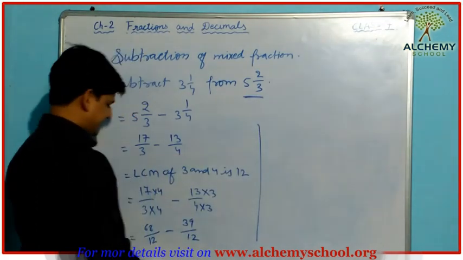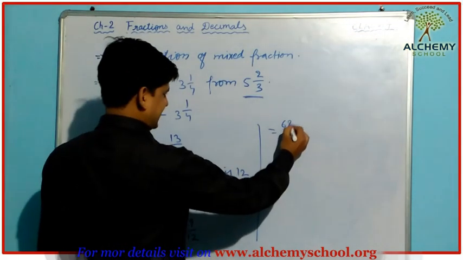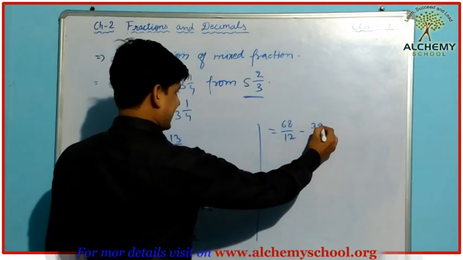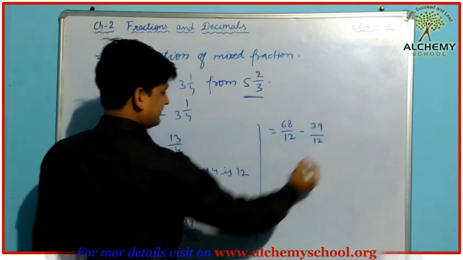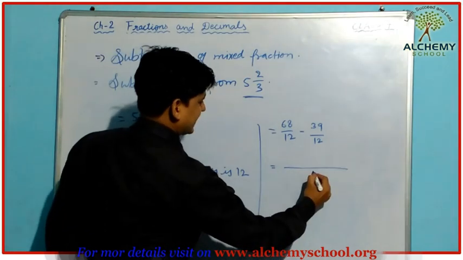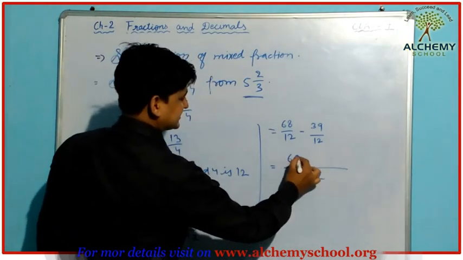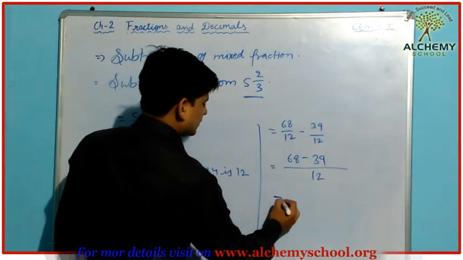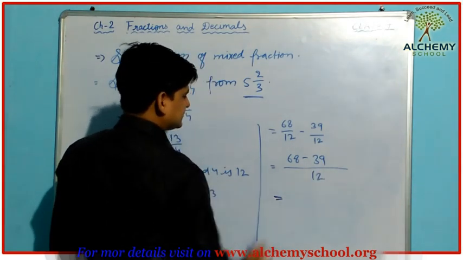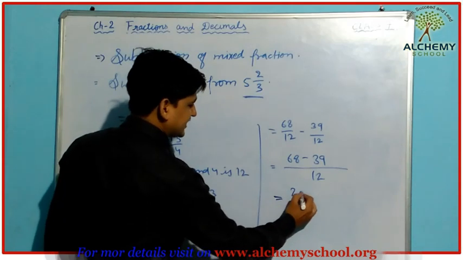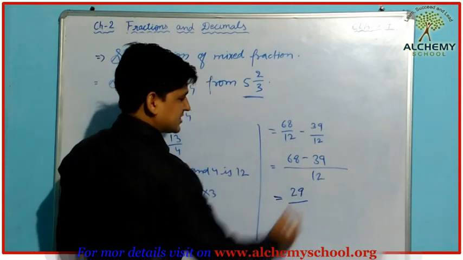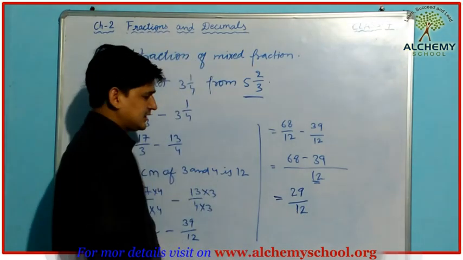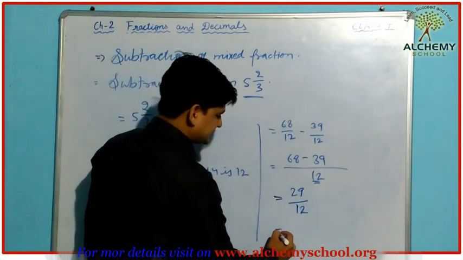So we now have 68 upon 12 minus 39 upon 12. Simply we write 68 minus 39 over 12. When we subtract 39 from 68, we get 29, and in the denominator we write 12. So this is the answer. We can change it into a mixed fraction.